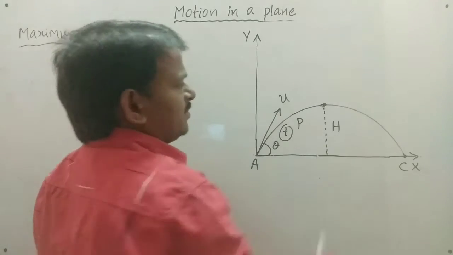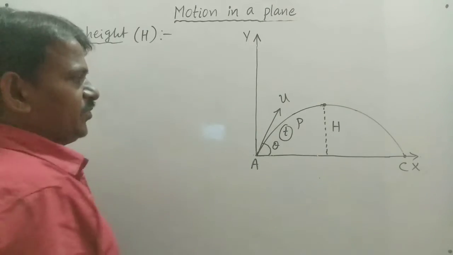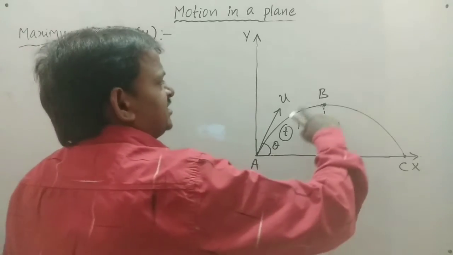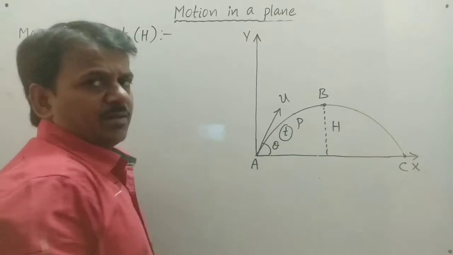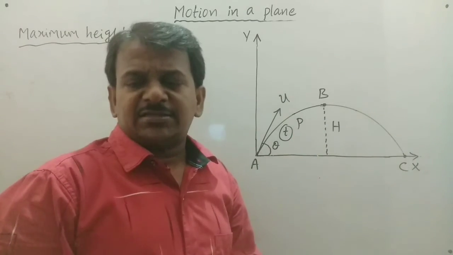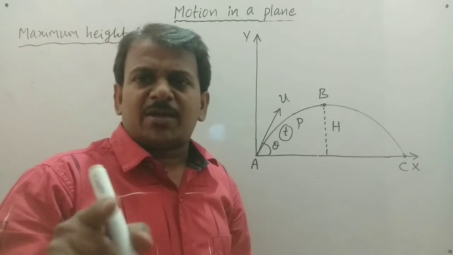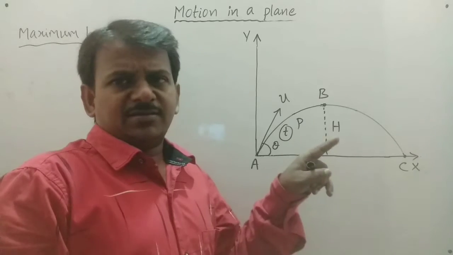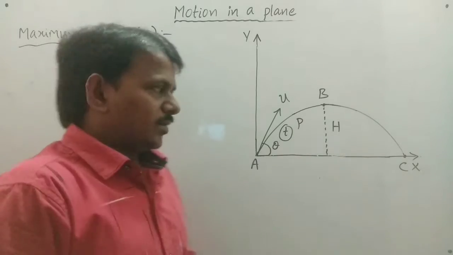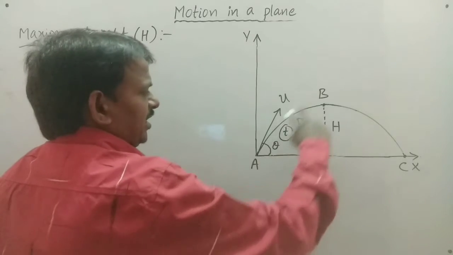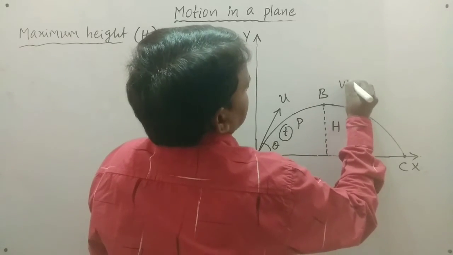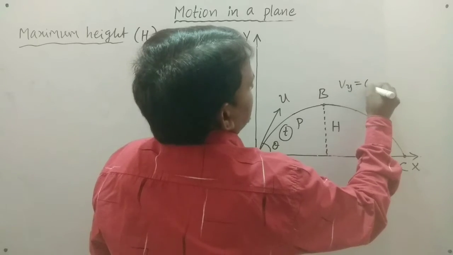How to find this maximum height of the projectile? You see that during the journey from A to B, the vertical component of velocity decreases. Why? Because in u sin theta minus gt, t is increasing, so automatically the Vy value decreases. At B, its vertical component becomes 0.